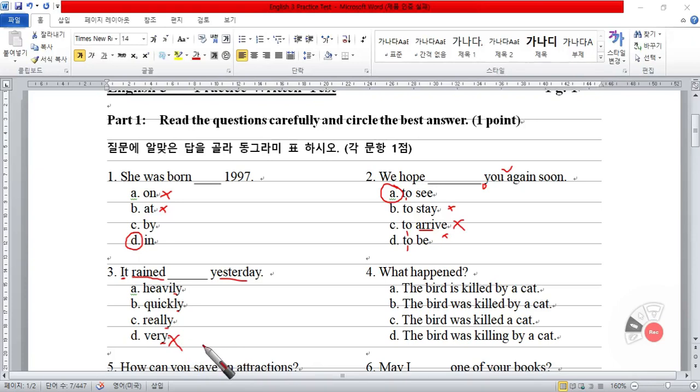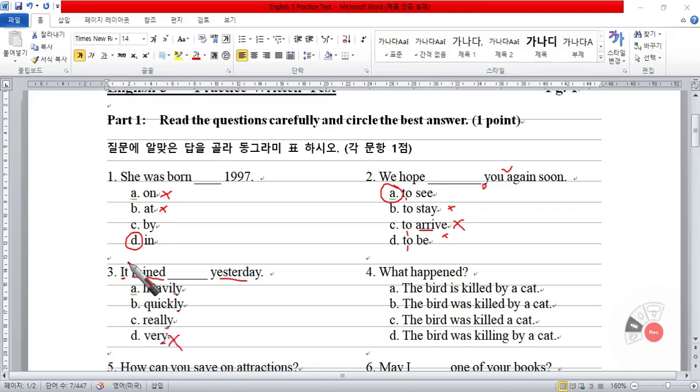So you could say it rained very hard. So hard would describe not the verb, but the rain itself. The downpour, the rainfall. In this case, it rained heavily, quickly, really. With really, you could include this word.